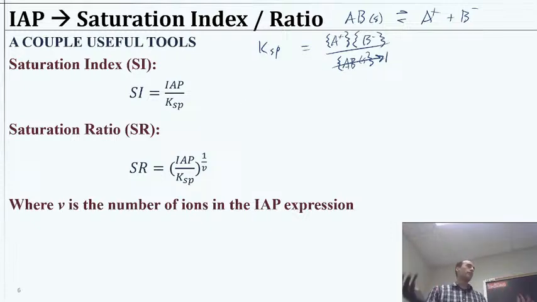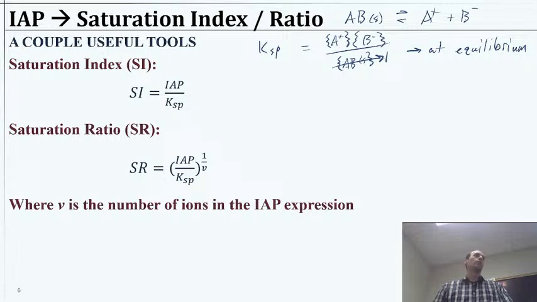The ion activity product is basically the exact same thing, except instead of defining it as the conditions at equilibrium, it is simply what the conditions presently are. So in a given situation, maybe we heated something up real hot, added a whole bunch of salt, supersaturated it, cooled it down real quick, and suddenly in that moment our ion activity product might be out of equilibrium.